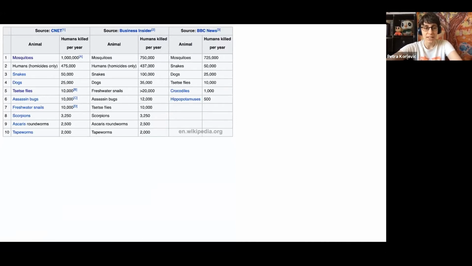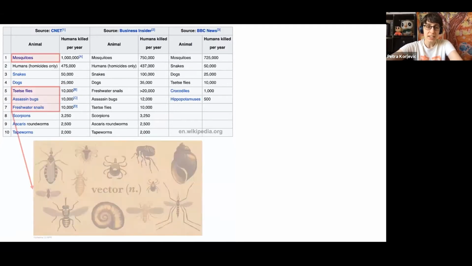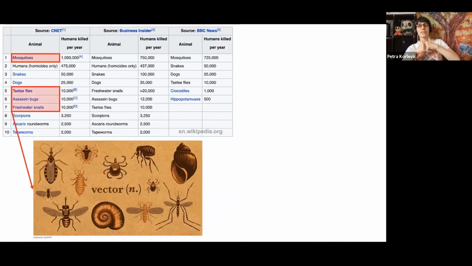And the reason for that is that these organisms don't kill humans per se, but they are vectors that carry a disease that then infects humans and kills them. And mosquitoes, seeing as they're very varied, as you're correctly pointing out, they're a big part of the ecosystem.